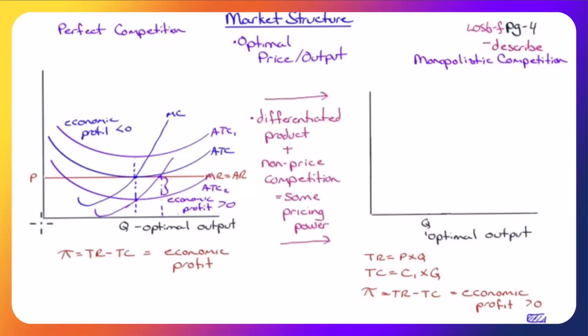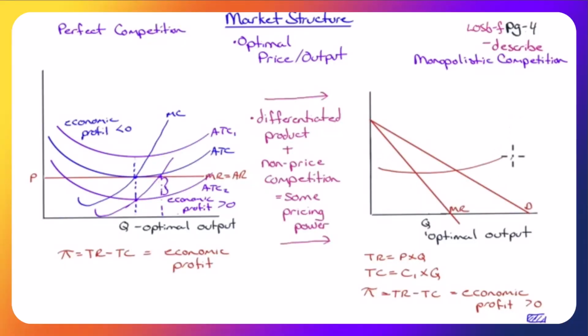Let's look at it in terms of monopolistic competition. And again, we need our curves here. We're going to need a marginal revenue curve, so we'll draw that out. Our average revenue curve, or our demand curve, will have a slope as follows. So that is our demand curve. There's our marginal revenue curve. Now we need some cost curves.